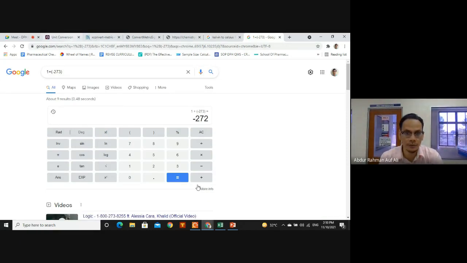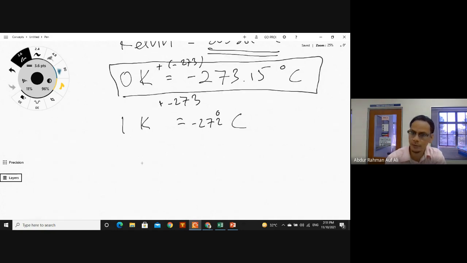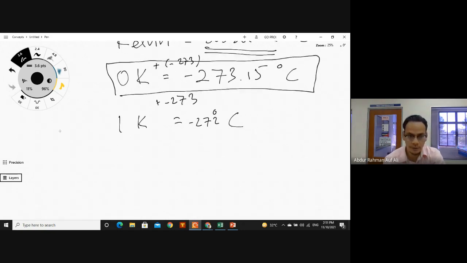Okay, so if it was 1, we add negative 273, so degree Celsius equals negative 272 degree Celsius. That is how we convert from Kelvin to degree Celsius. The other way around is the same. Let's say the room temperature now, because of the aircon, is 25 degrees Celsius. So what is it in Kelvin?